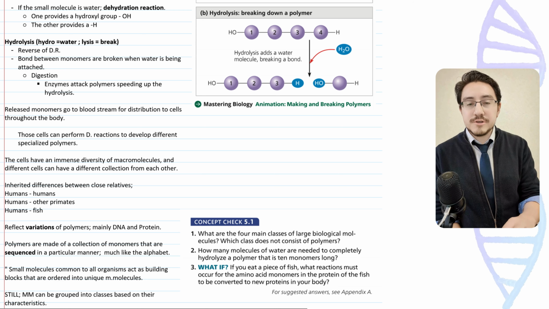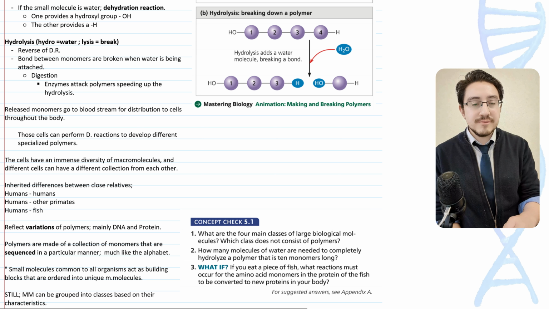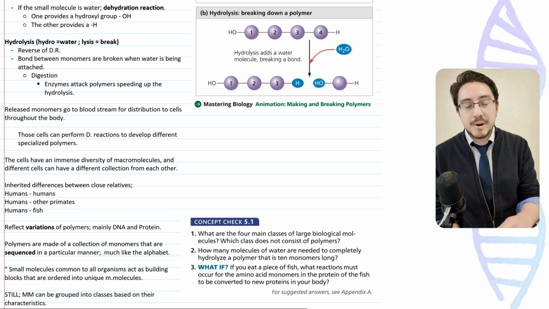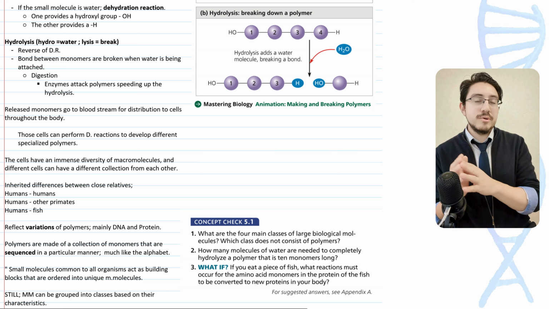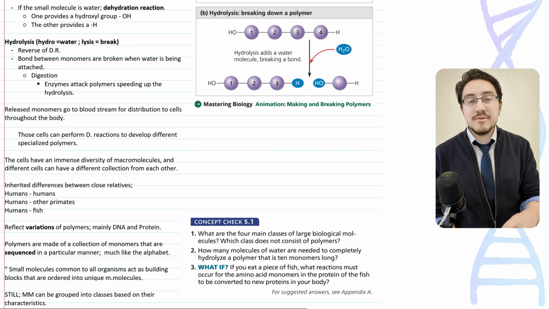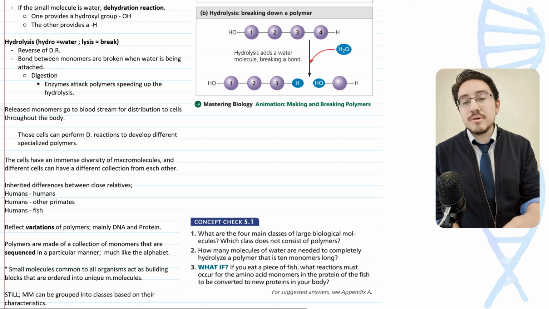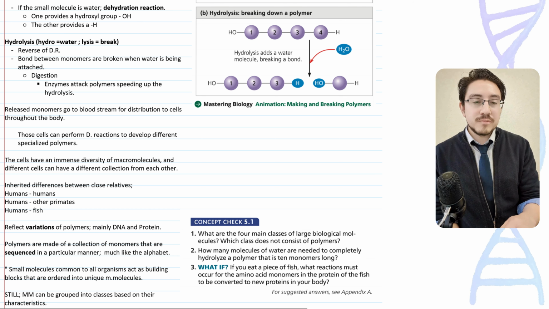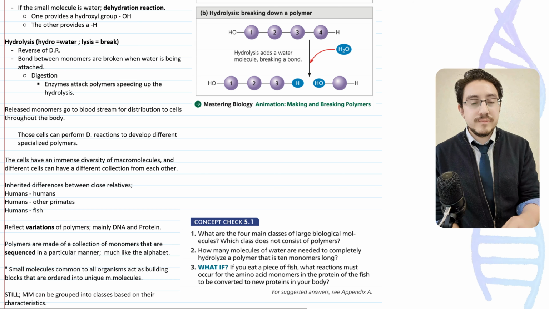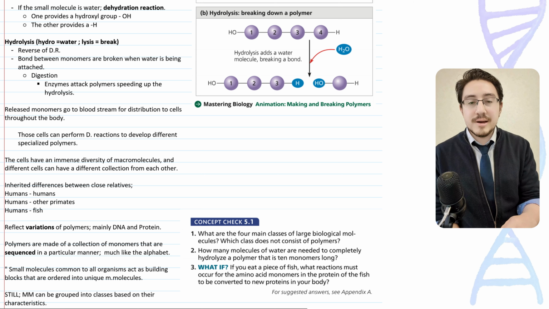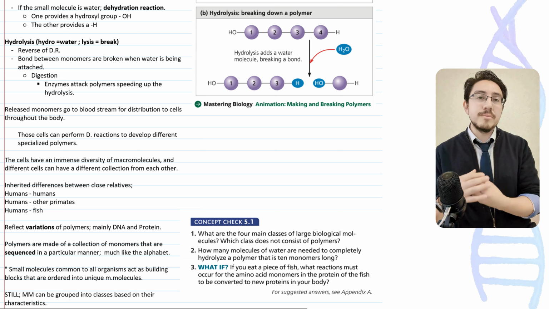Just to take a look at the visuals so you can see a representation of this. You have dehydration reactions. Here you have a short polymer consisting of 1, 2, 3 monomers, and then you have a fourth unlinked monomer that wants to join in. In order for that to join in, the hydrogen from monomer number 3 and the hydroxyl group from the unlinked monomer need to be removed together.